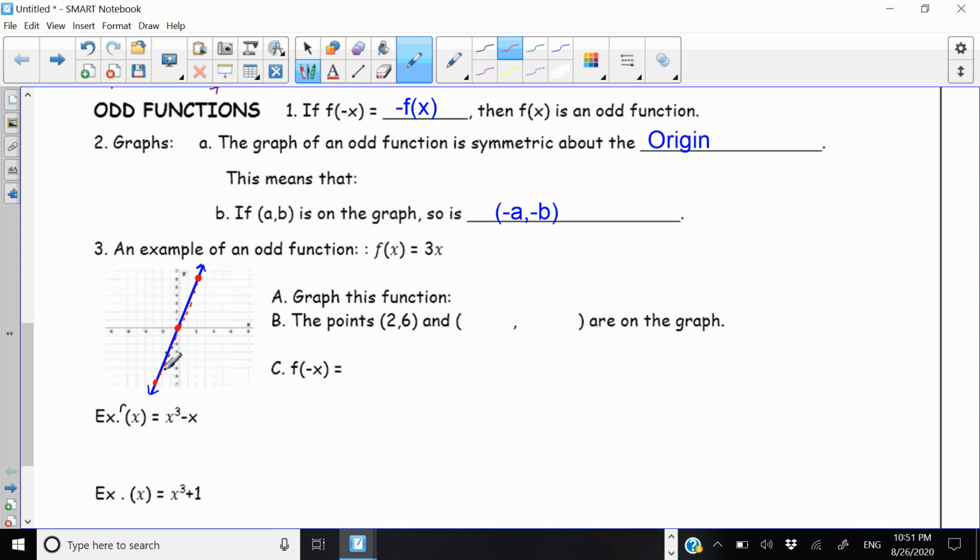So we say this is symmetric to the origin. That means if a point like A and B is on the graph, negative A and negative B also is going to be on the graph because it's on the other side. So A will be negative, B will also be negative.